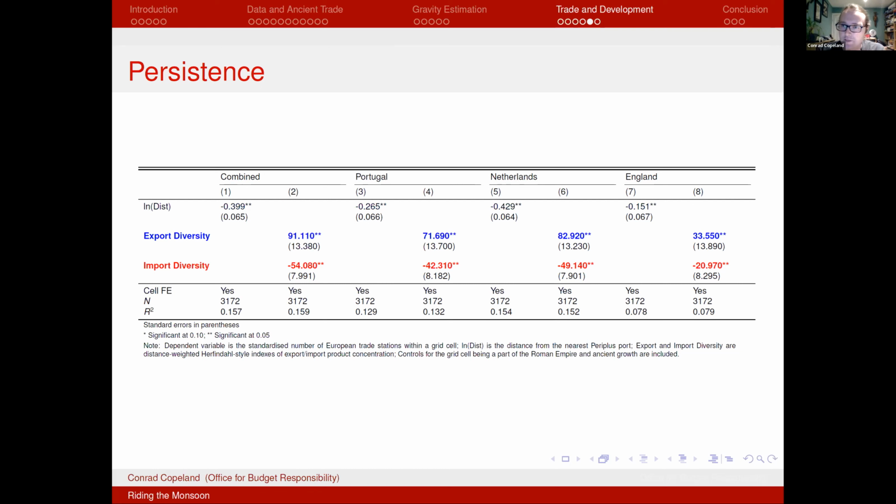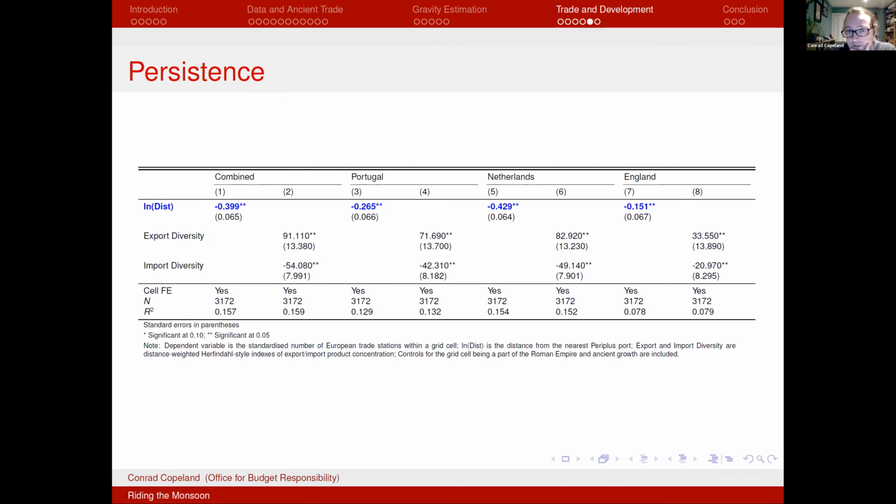They were about capturing exports back to Europe. And so the narrative here is that there is some persistence in the endowments of these ports, and in terms of distance, the functioning of these ports.